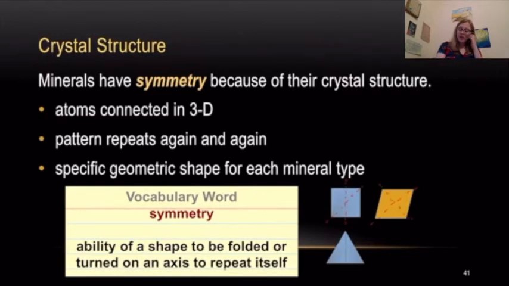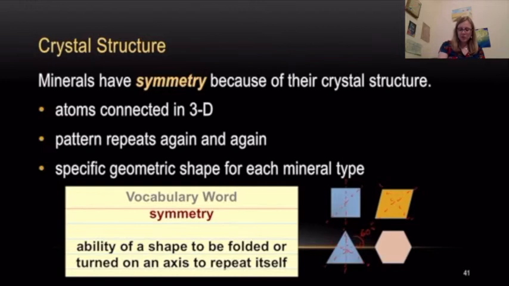You could have a triangle, and it could be turned 60 degrees, or be cut in half this direction, or this direction. And we've got a hexagonal shape.